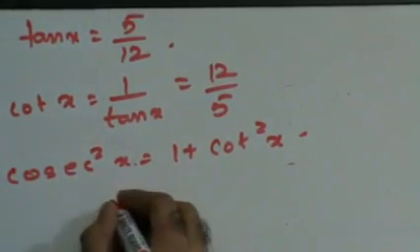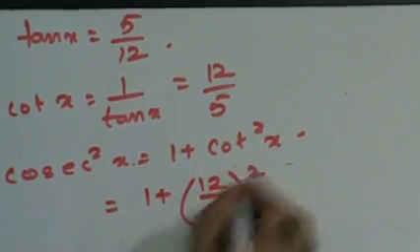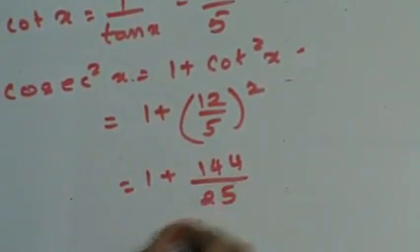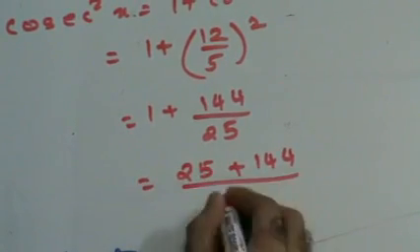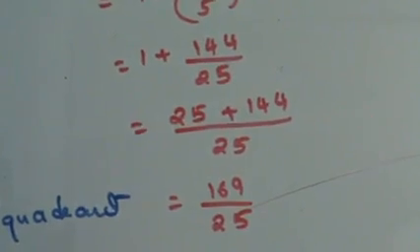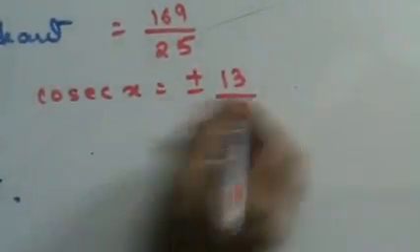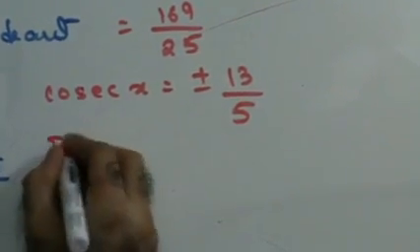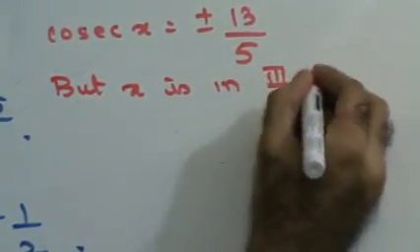So cosec square x is 1 plus 12 upon 5 the whole square, 1 plus 144 upon 25, 25 plus 144 upon 25, 169 upon 25. If I take square root on both the sides, I'll get cosec x is plus minus 13 upon 5. But we have already found out that x is in the third quadrant.